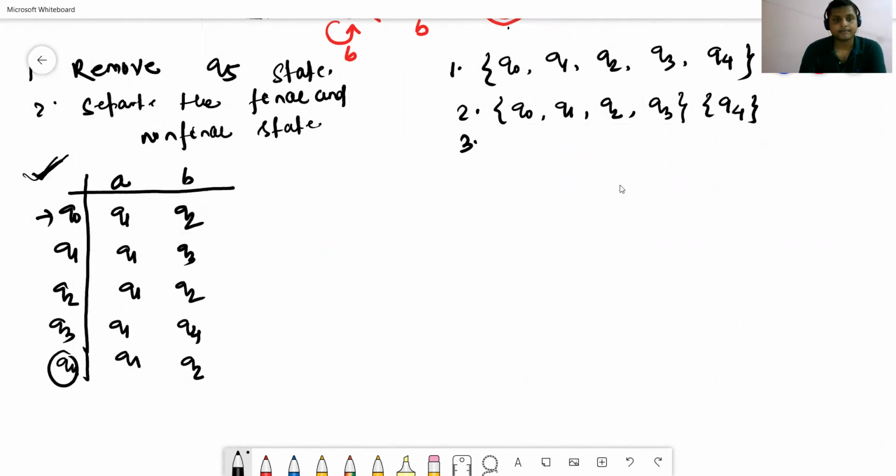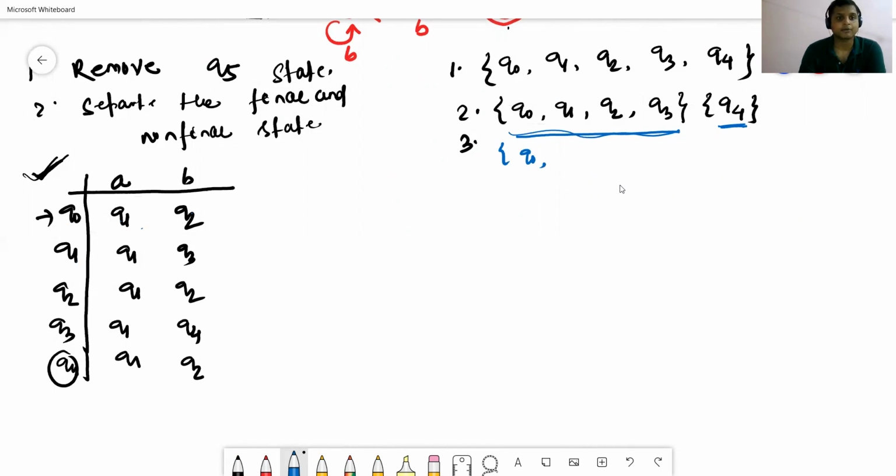Now currently we have 2 states, this is one state and this is one state. Now we'll separate these states again. Q0 reads A, goes to Q1; Q0 reads B, goes to Q2. Q1 and Q2 are both non-final states, so Q0 belongs to one state.